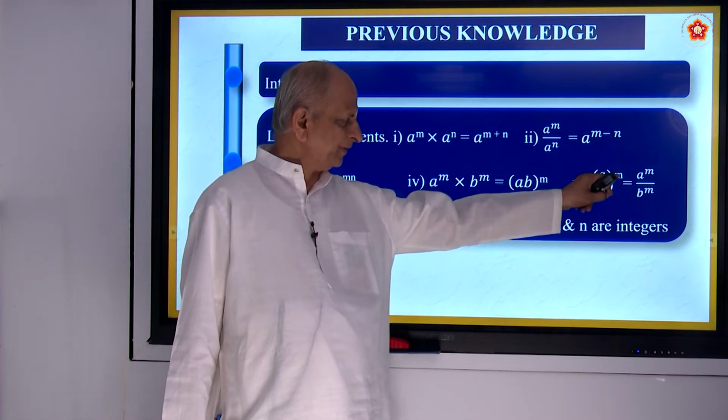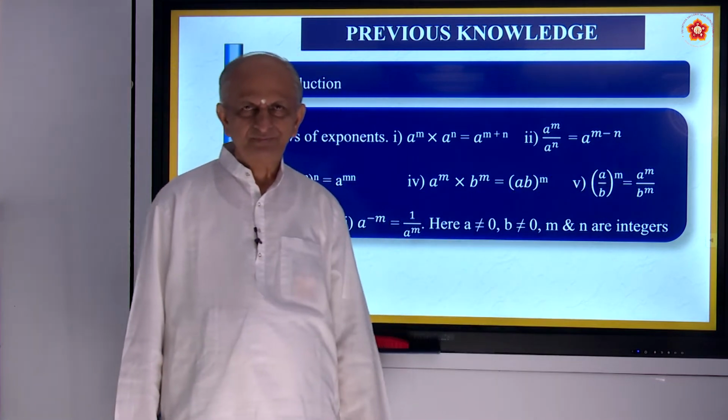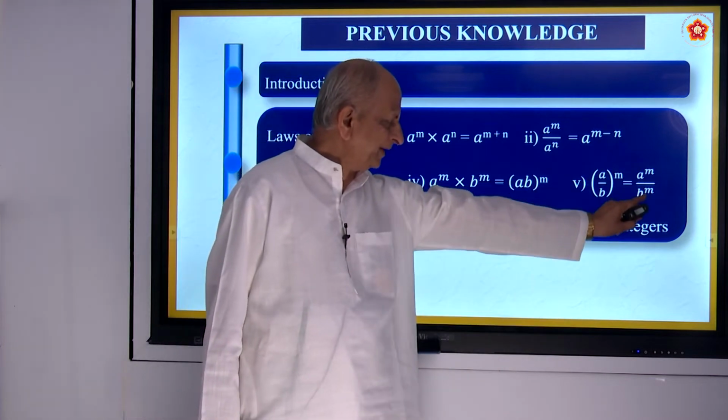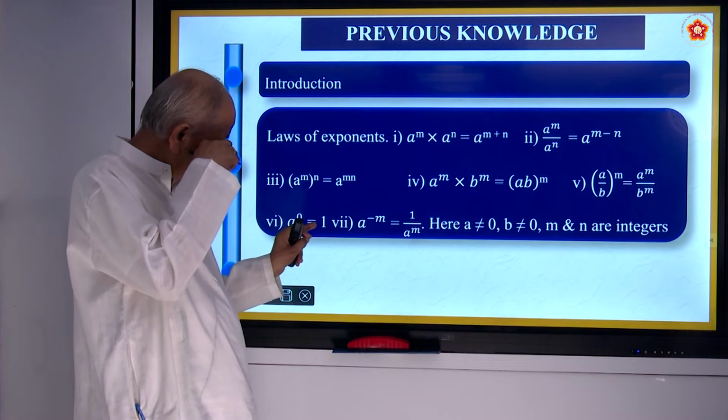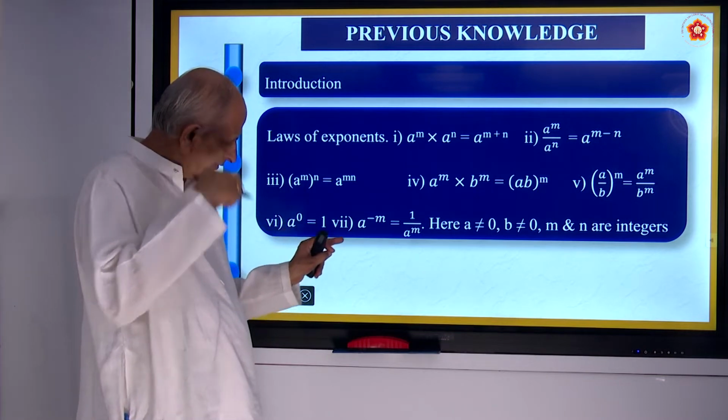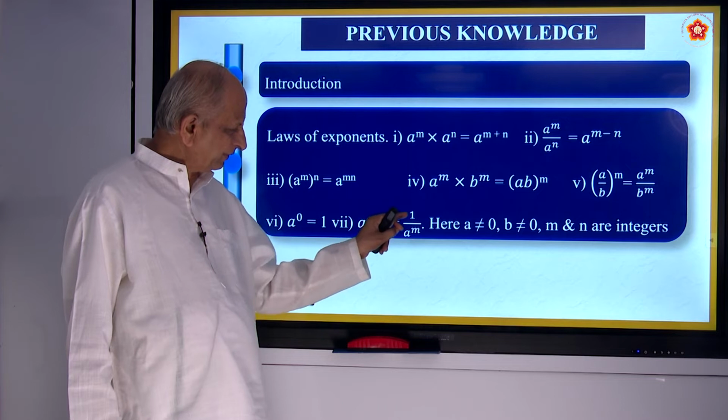A by b to the power of m is equal to a to the power of m by b to the power of m. A to the power of 0 is equal to 1. A to the power of minus m is equal to 1 by a to the power of m.